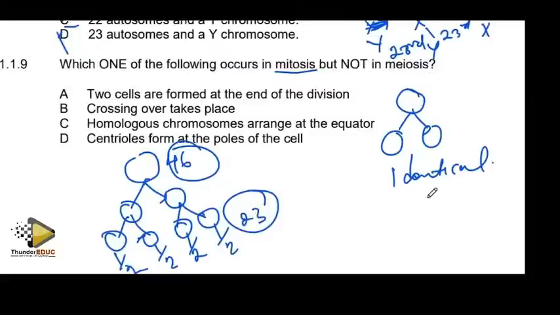The first statement says two cells are formed at the end of the division. Yes, we see here two cells forming. They're saying crossing over takes place. We don't have crossing over in mitosis, so this one is ruled out. The most correct answer is A. So the answer is going to be A.